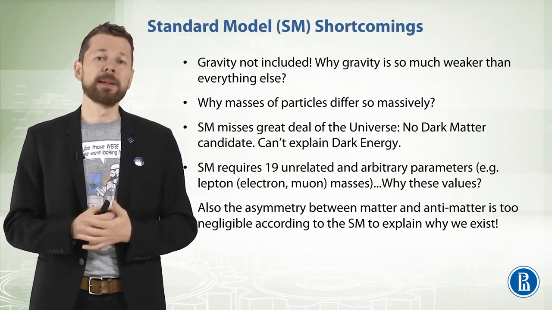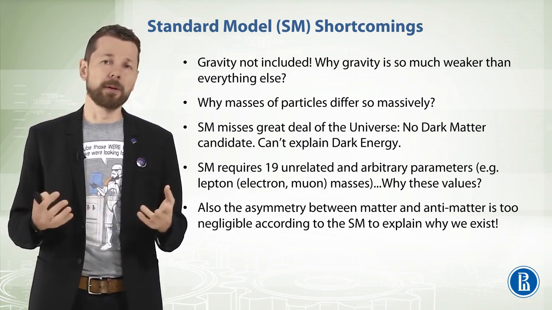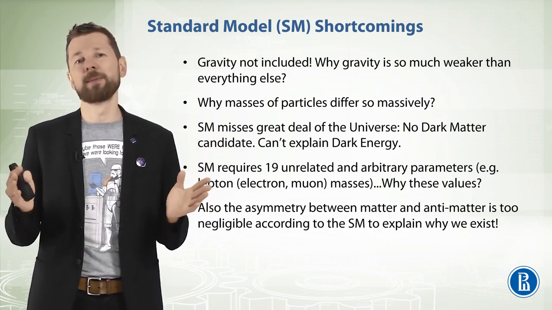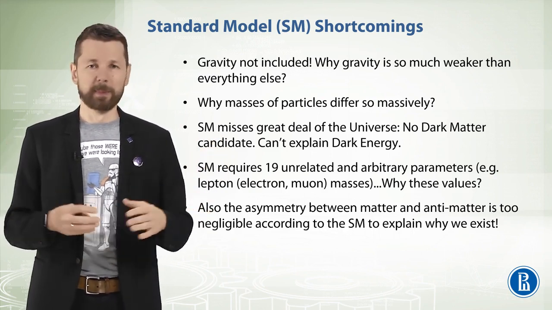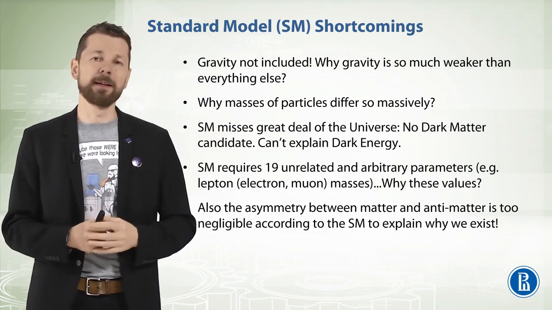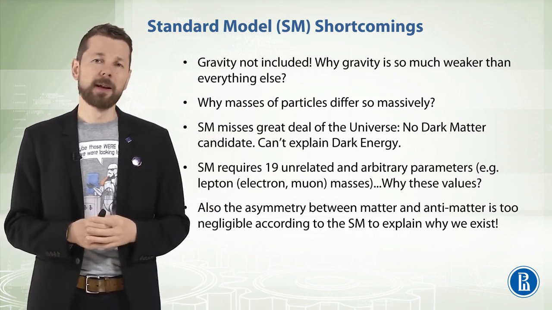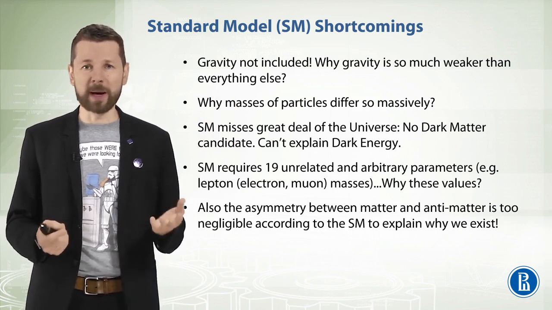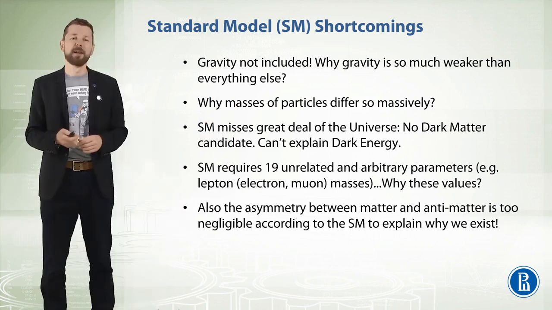The Standard Model misses a great deal of the universe. It is known that there is 5 times more dark matter sitting in the galaxies around us, and the Standard Model has no clue what kind of particle it consists of.